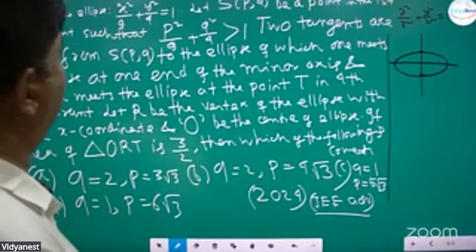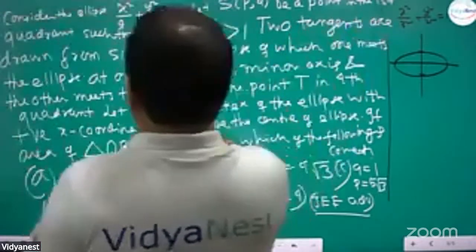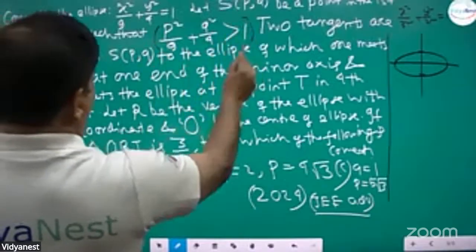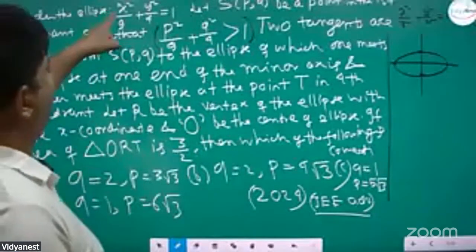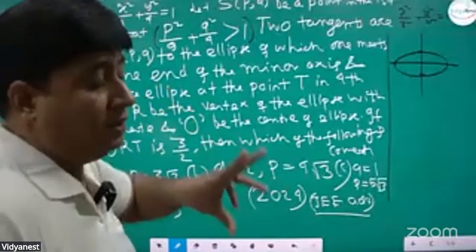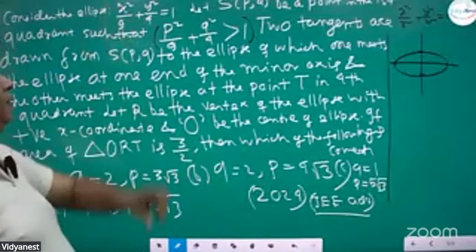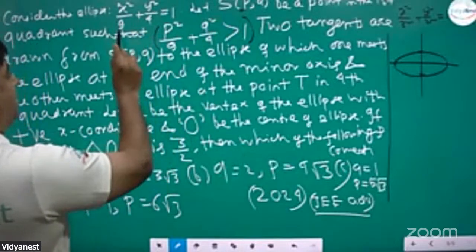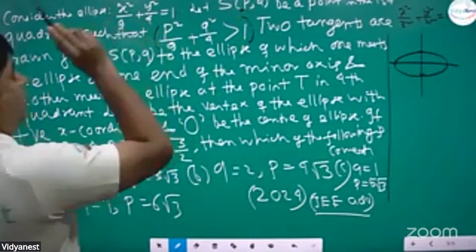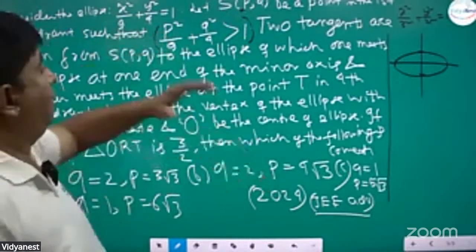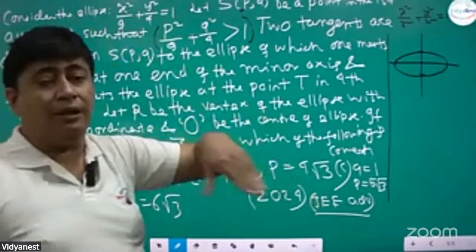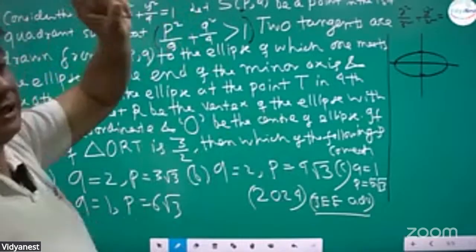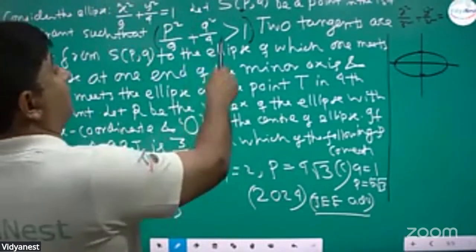But you see, PQ is a point lying in the first quadrant such that it satisfies this condition. It means what? See, had this point been lying on that curve, then x would have been replaced by p. I would have got p square by 9 plus q square by 4 is equal to 1. Had it been equal to 1, then we would have drawn one conclusion, that the point lies on the ellipse, but it is greater than 1.